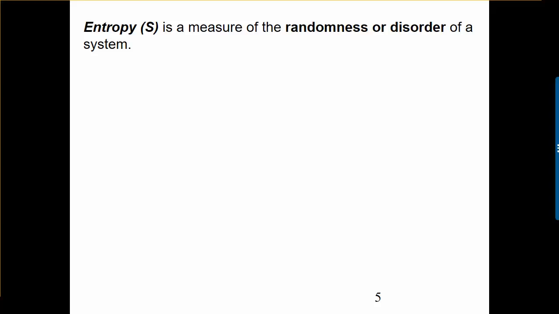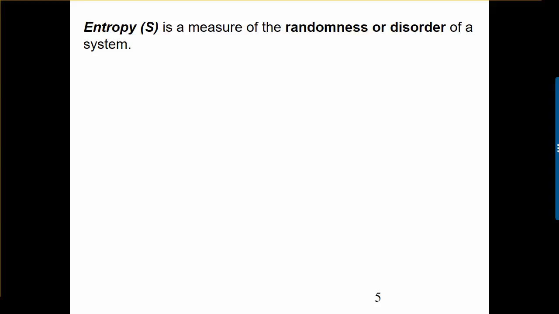So, entropy is a measure of the randomness or disorder of a system. Now, measuring the heat of a system is a very simple process. How do I do it? I use a thermometer. I put a thermometer in my solution and I measure the temperature change, and I can describe the delta H of the reaction in the laboratory.